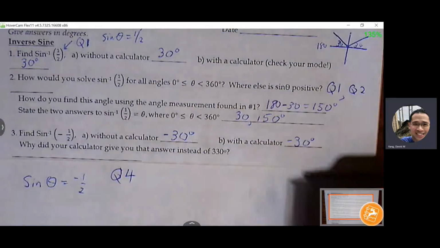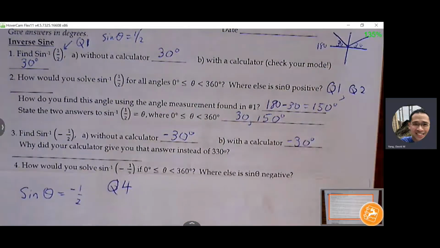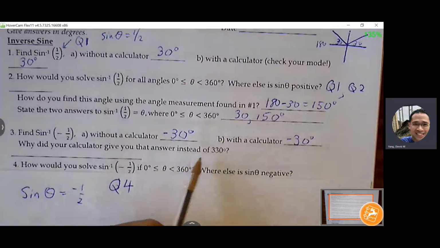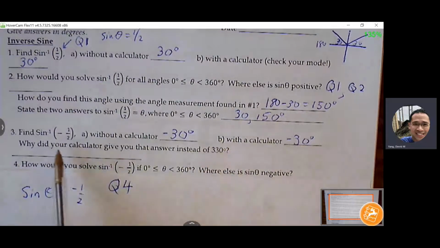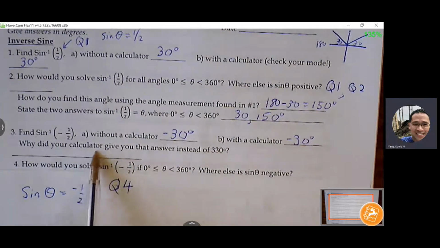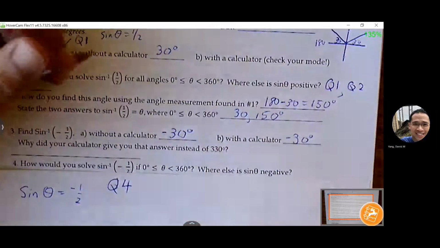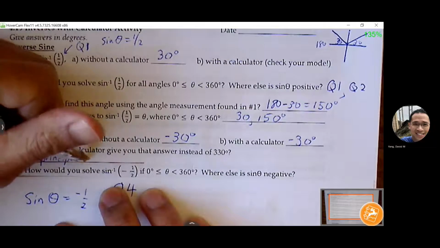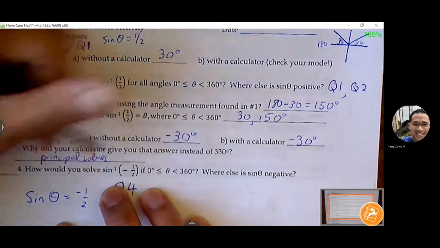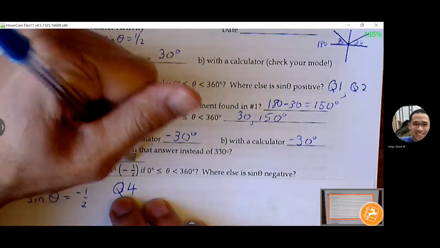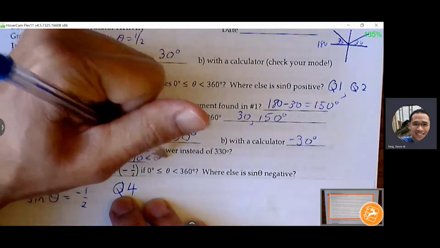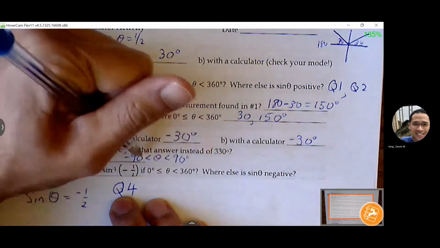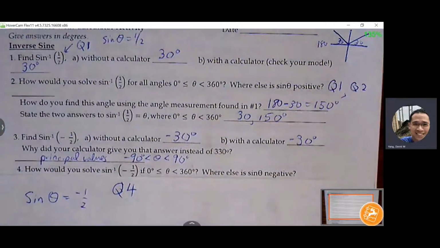But if we want the answer to be between 0 and 360, we're going to have to make that adjustment. Okay, so the calculator is going to give you principal values. And principal values is always going to be from -90 to 90 degrees.